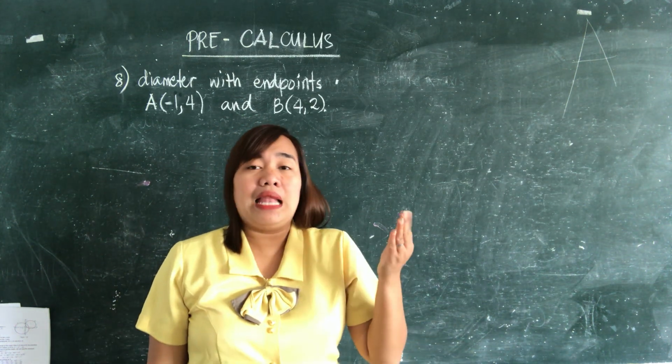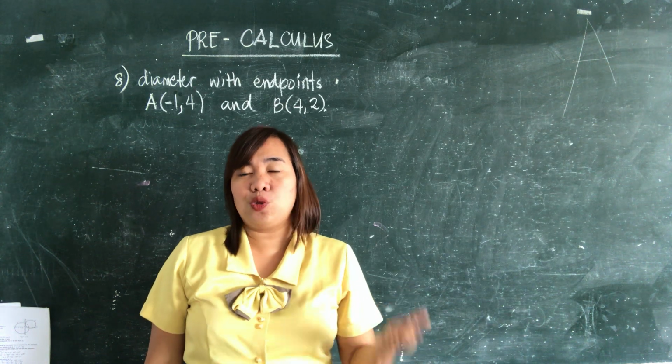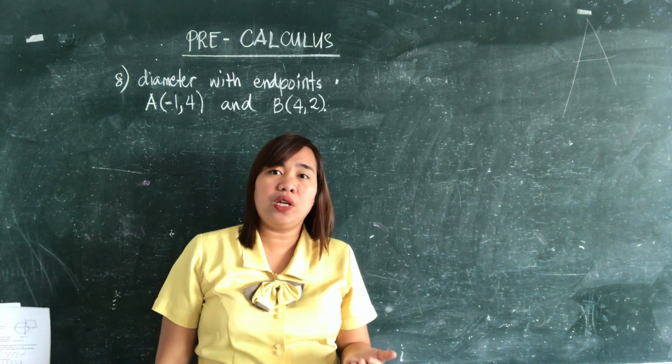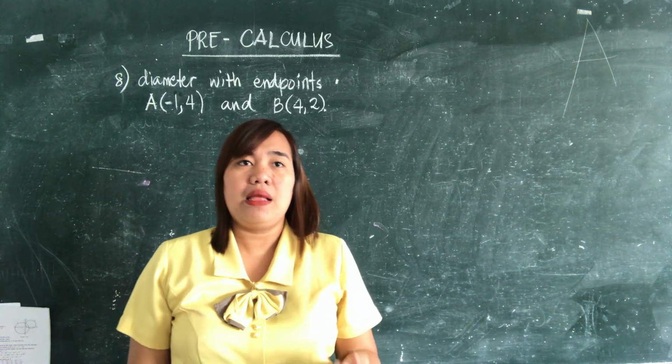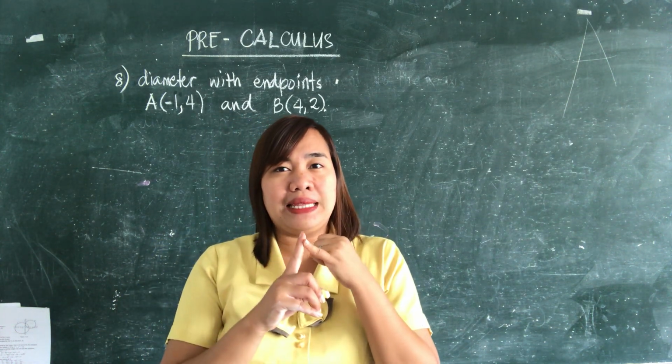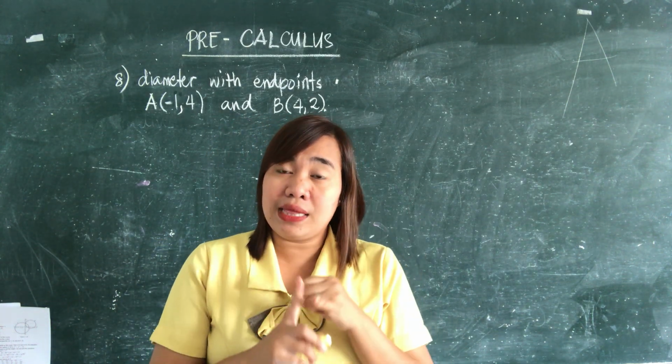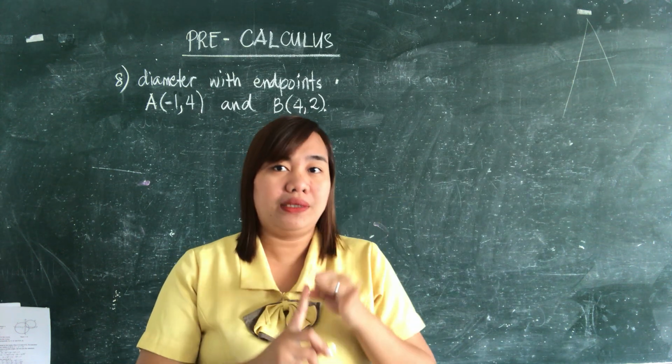Sabi ko nga, kailangan natin para makasulat tayo or magkaroon tayo ng standard equation of the circle, kailangan natin palaging tandaan na meron tayong center at saka meron tayong radius.